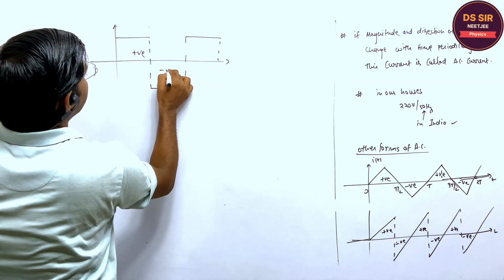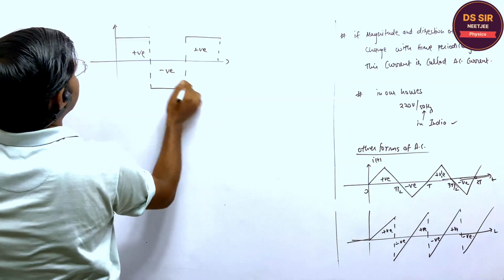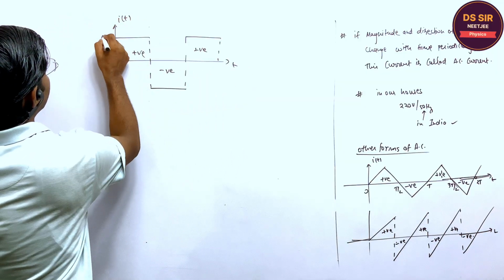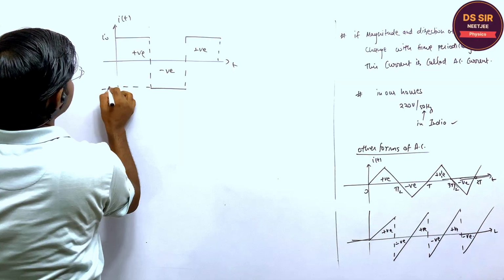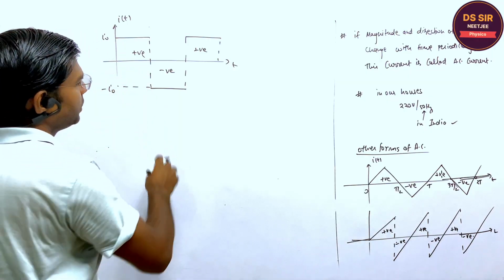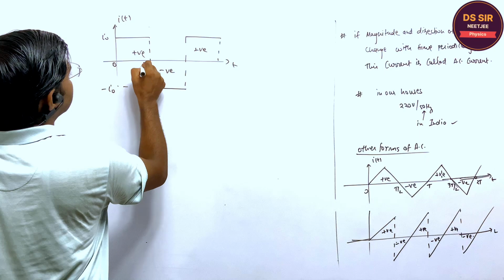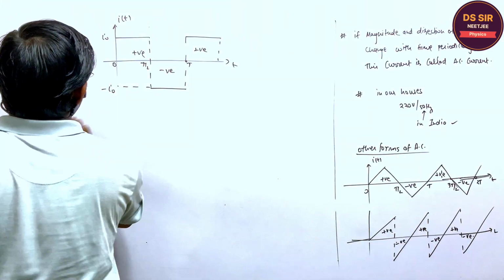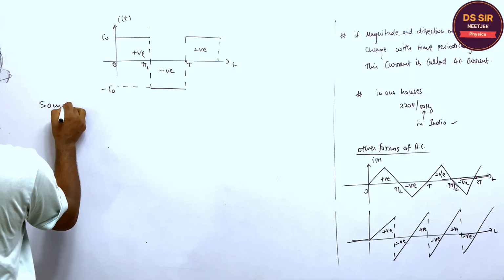Positive, negative, positive, negative, right? This is the current versus time. So this is the rectangular wave, which is also called alternating because the direction and the magnitude change. This is 0 to T, right?